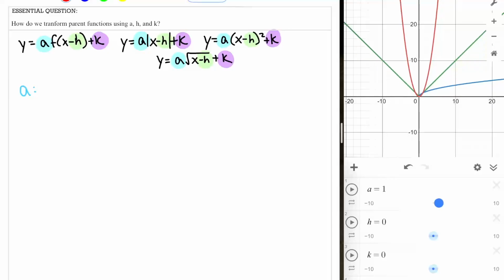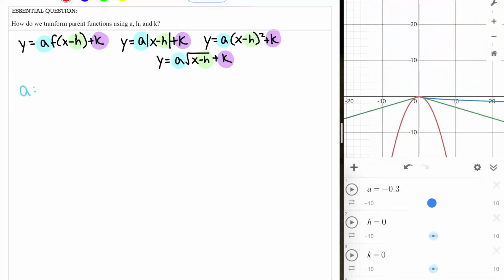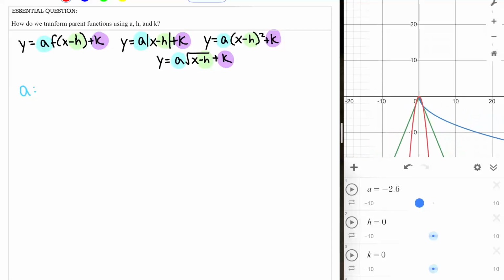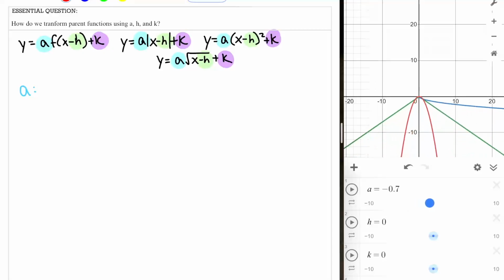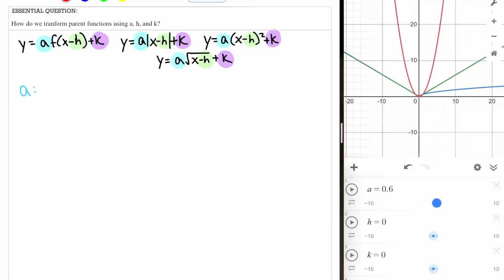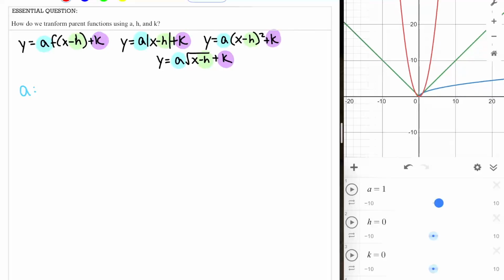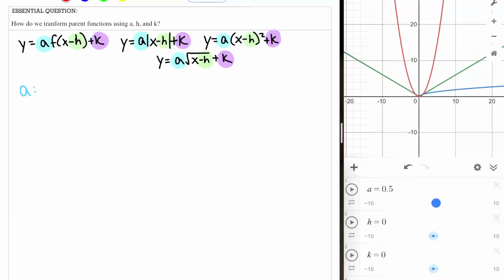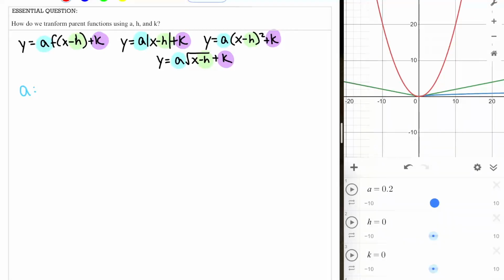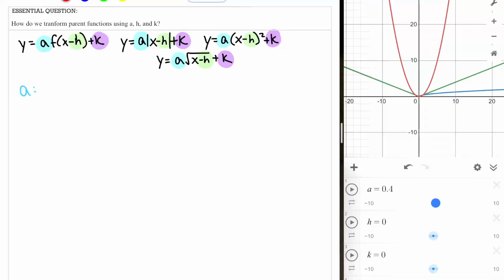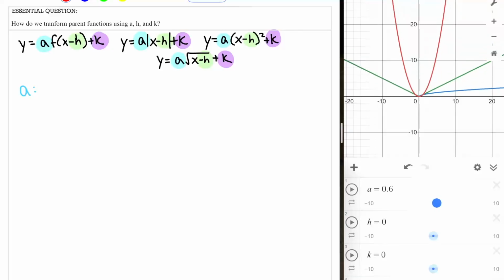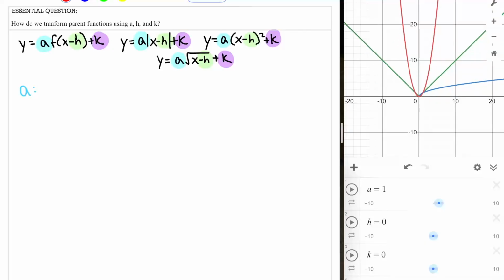If we make it 1, there's our default graph, and if we go negative, it flips upside down. When we start at 1 and drop between 0 and 1, it's flattening. If we got all the way down to 0, everything would just turn into a horizontal straight line. But when it's a decimal or a fraction between 0 and 1, it's flatter than the default.